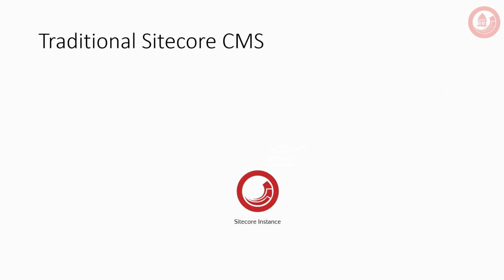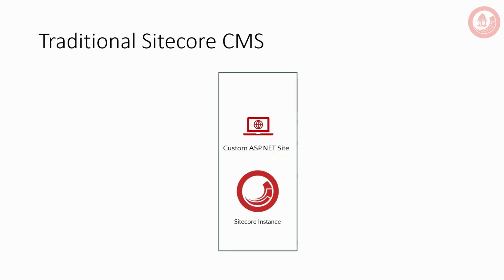So you create a Visual Studio solution, build your project, your components, layouts and everything, and you publish that Visual Studio project to the same Sitecore instance. So your custom ASP.NET site is sitting inside the Sitecore instance, with all the renderings and everything.